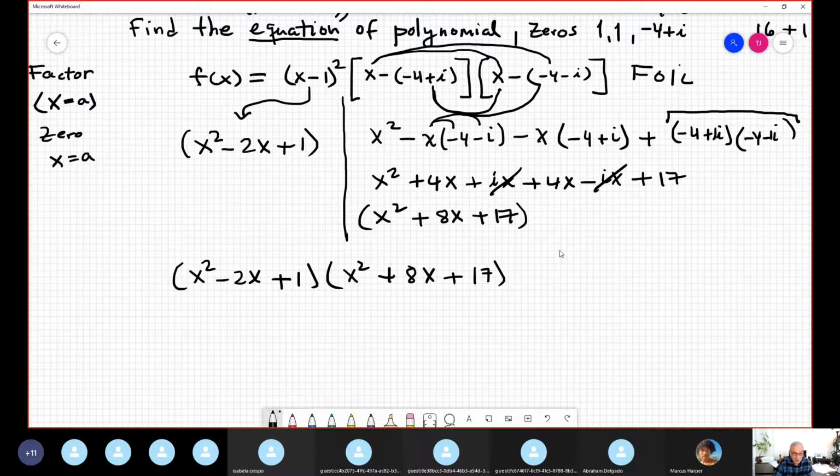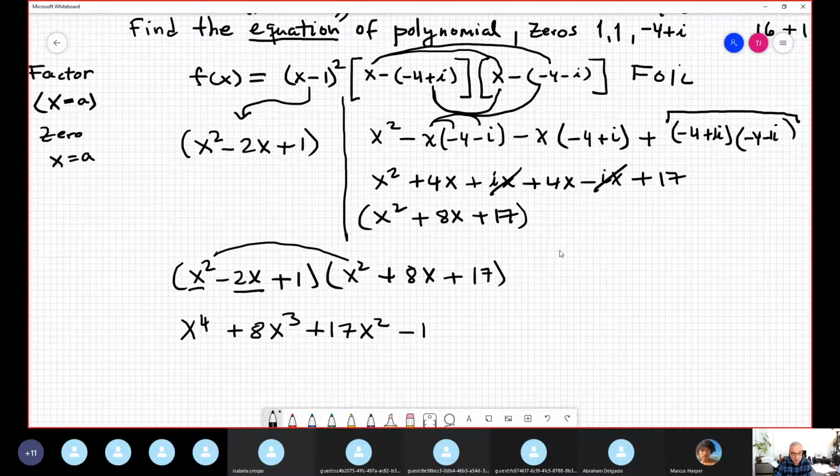Okay, so now you are doing FOIL. In this case, we have 9 combinations, no? 3 and 3 together is 9. So x to the 4th power plus 8x to the 3rd power, because it's 2 plus 1, and 17x to the 2nd power. I did the first, multiplied by 1, 2, 3. The second is minus 2x cubed, minus 16x squared, minus 34x.